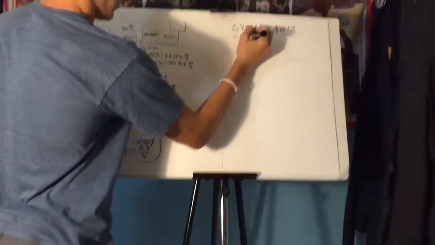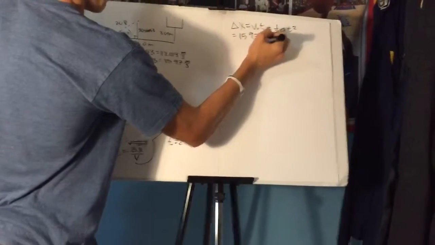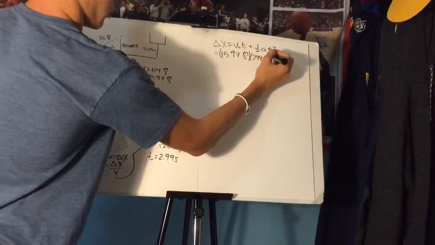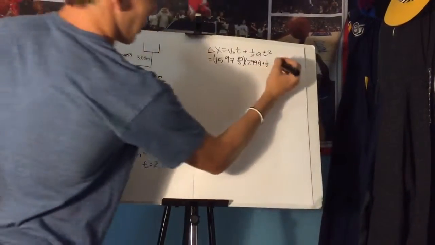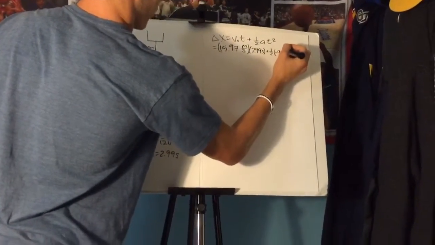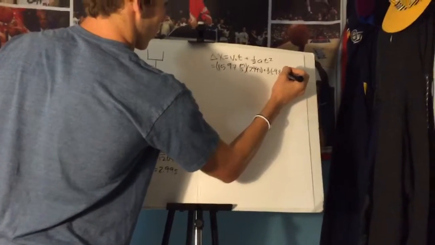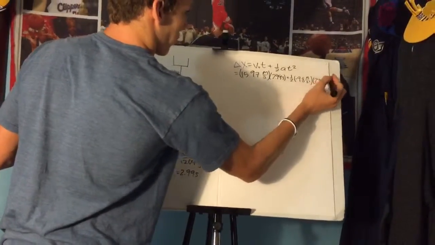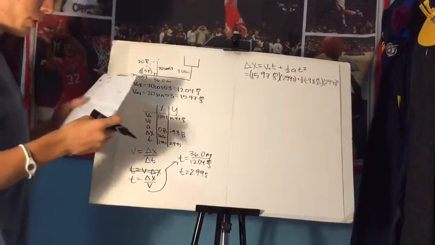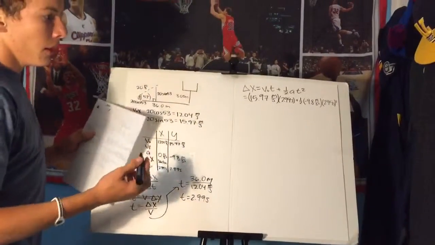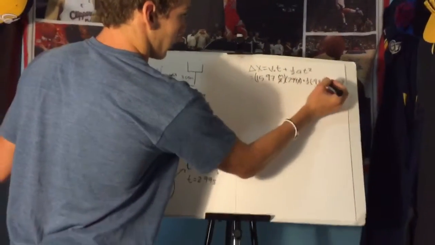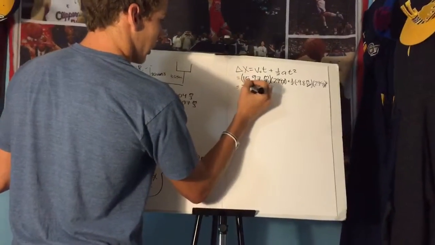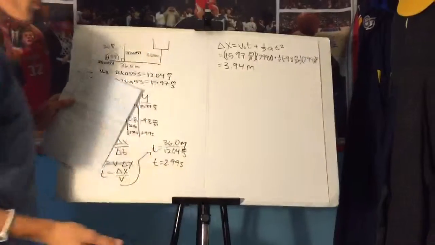So 15.97 meters per second times time, 2.99 seconds, plus 1/2 acceleration, gravity, so negative 9.8 meters per second squared, times the time, which is still 2.99 seconds, squared. We can just plug this into our calculator and cancel the units, which will leave us with meters. And that's going to leave us with 3.94 meters.